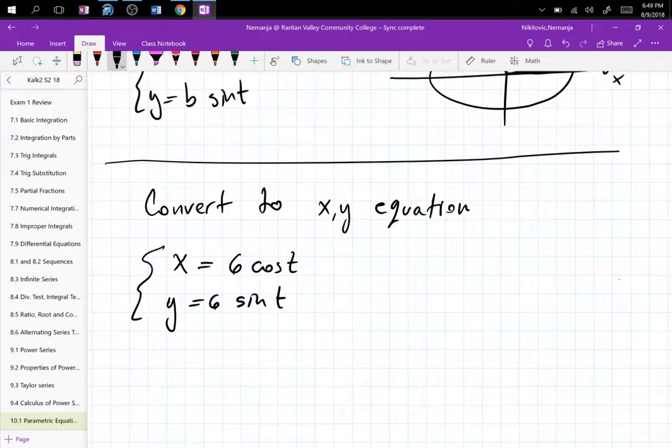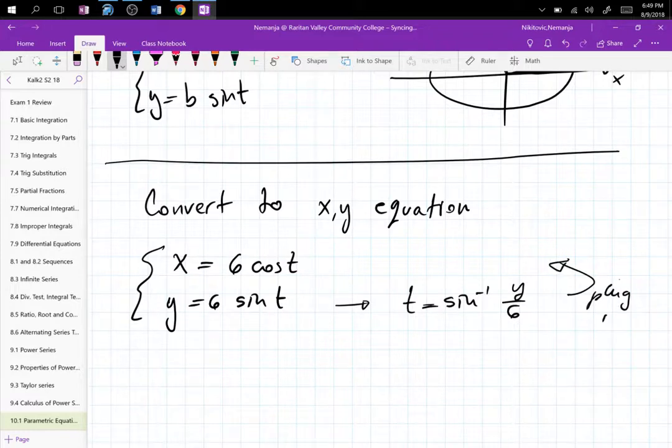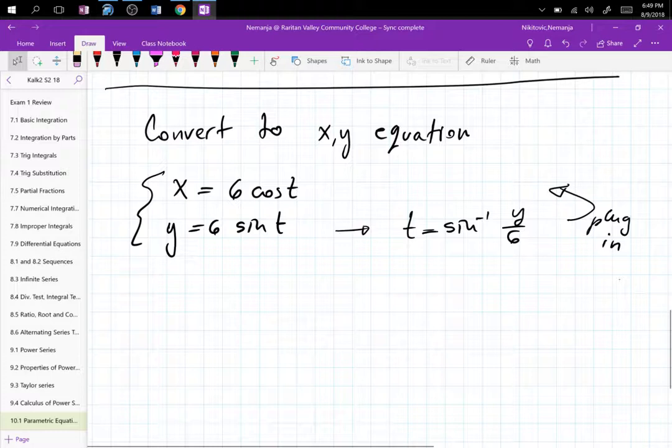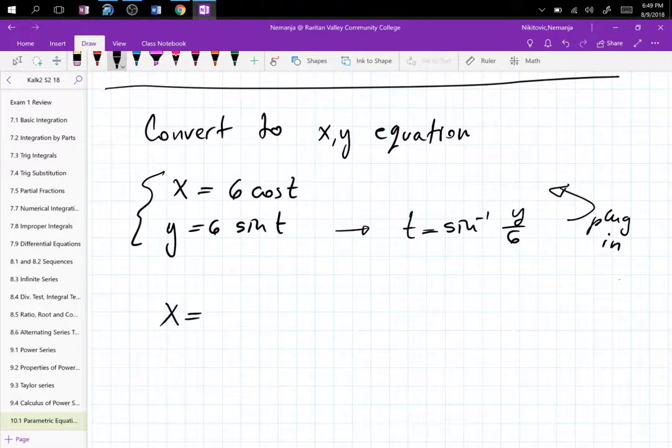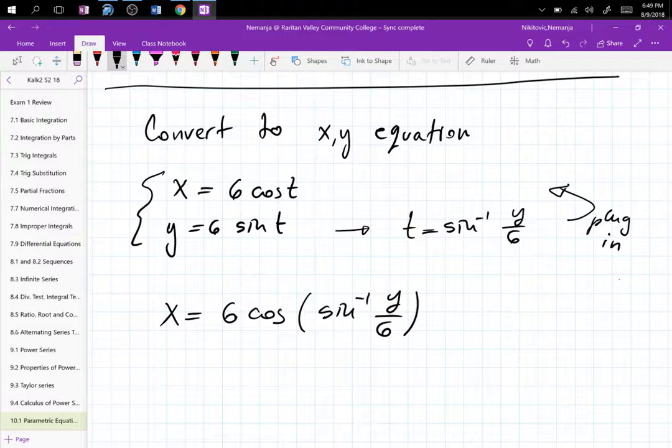So the way we do this is we solve one of these for t and plug into the other one. So t is the inverse sine of y over 6. And then we plug in. So now I have that x is equal to 6 times cosine, and instead of t, I have inverse sine of y over 6.